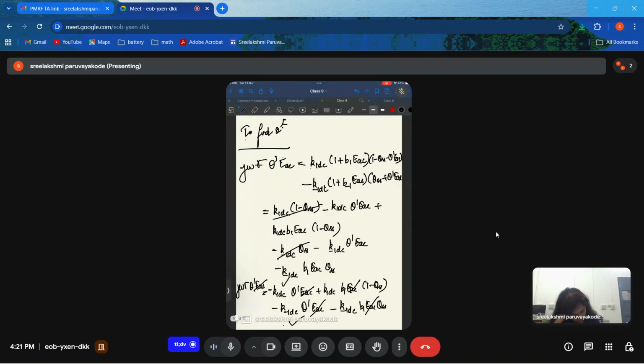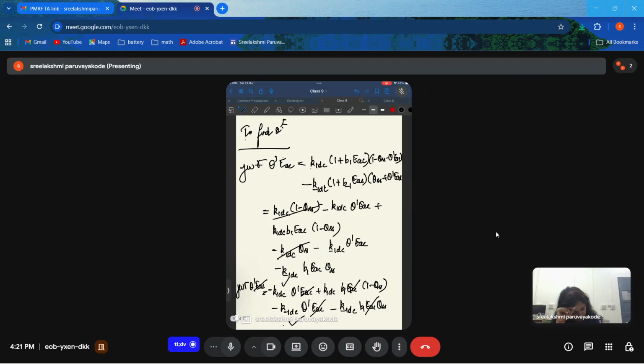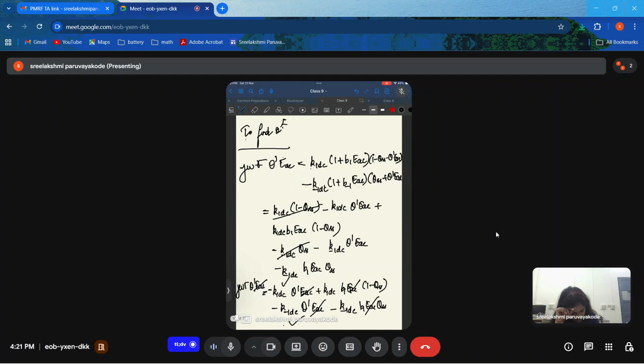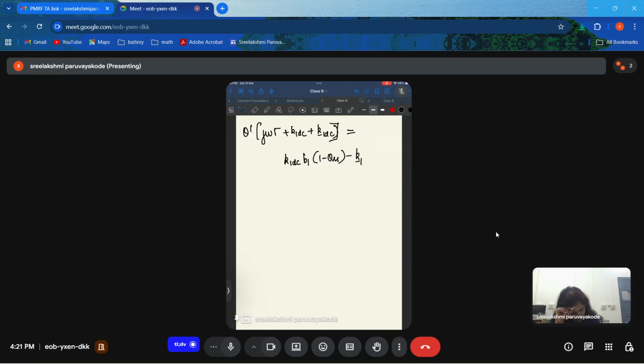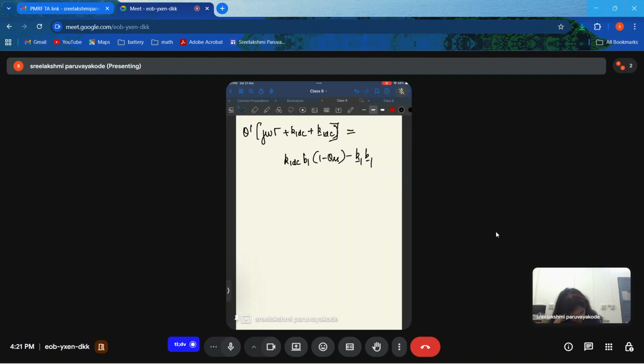Equal to, you have K1 dc B1 1 minus theta SS minus K minus 1 dc B minus 1 theta SS.